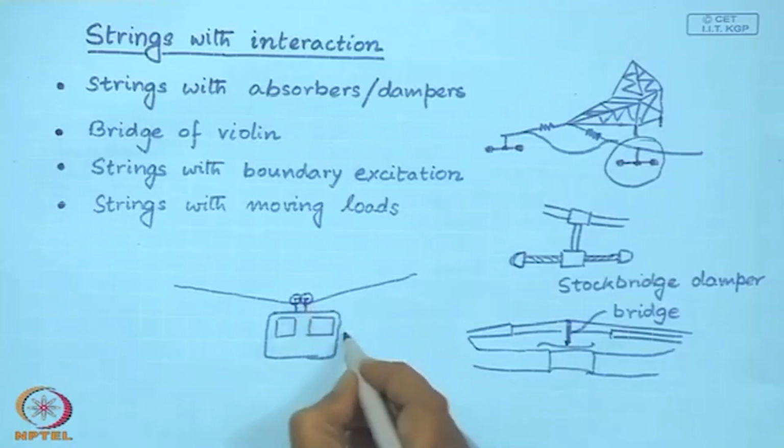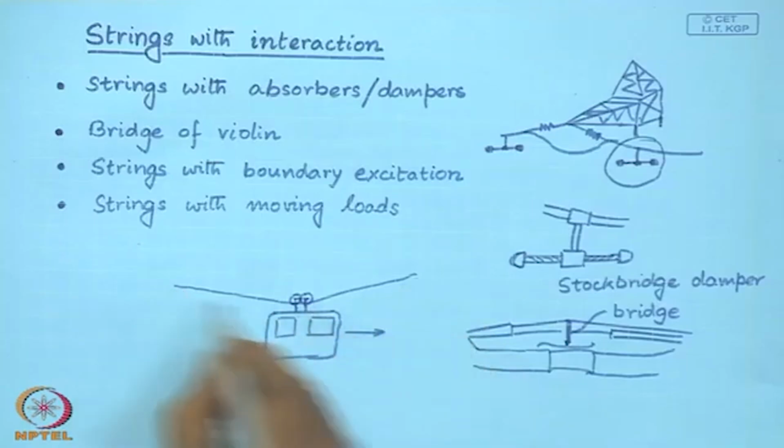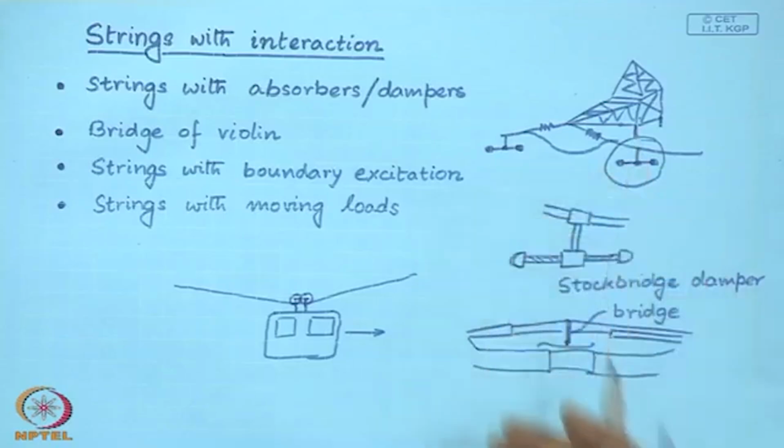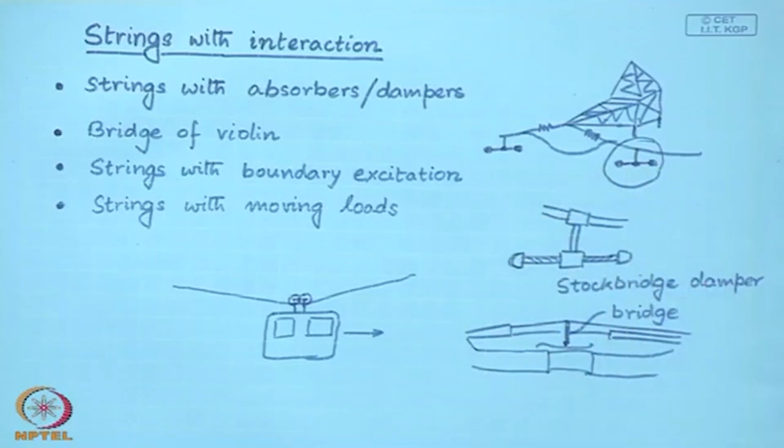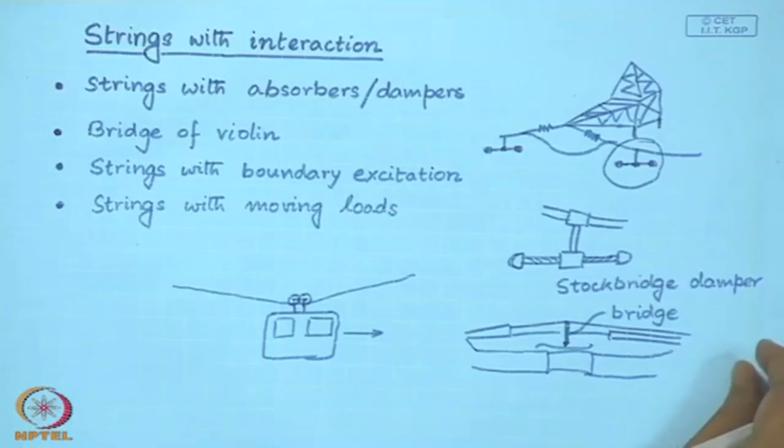Here this cable car will be moving on a taut string. So, we see that there are various examples in which a string may have to interact with an external discrete or even sometimes a continuous system. So, we need to model and analyze such strings.